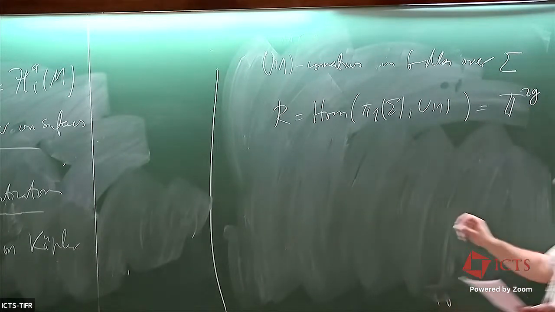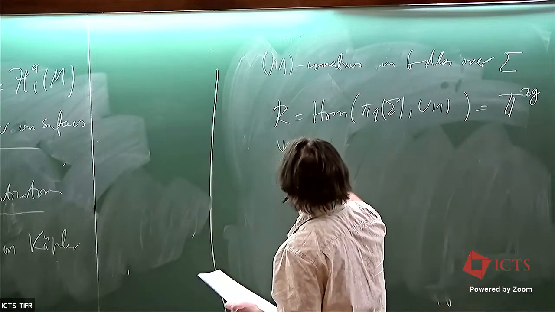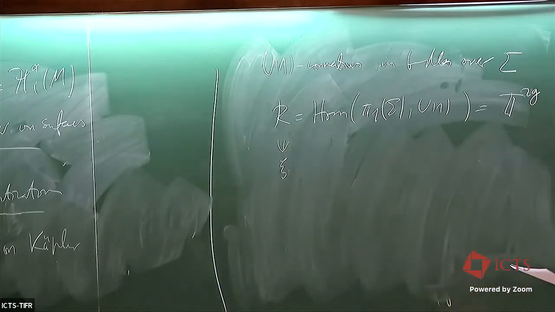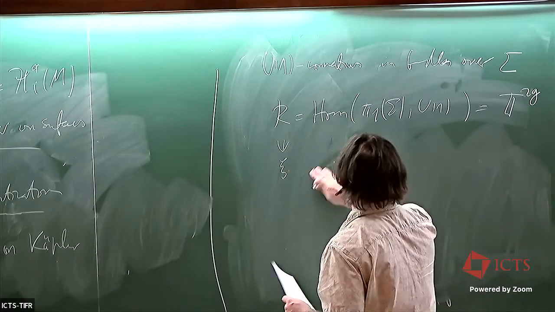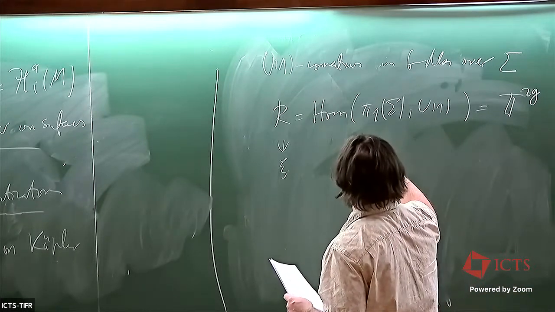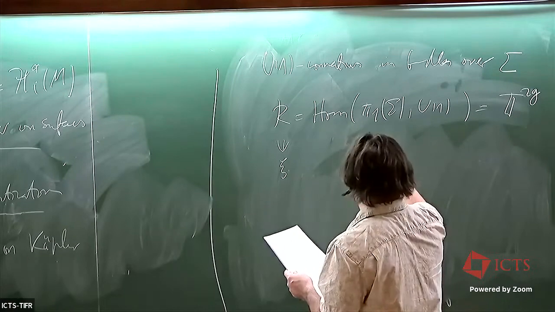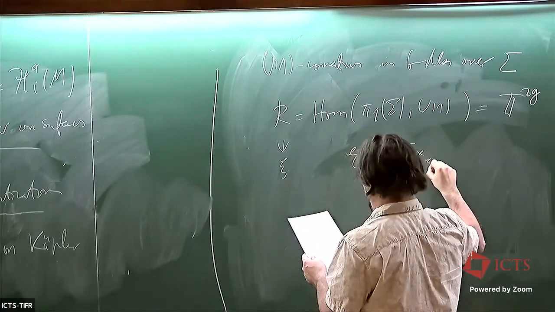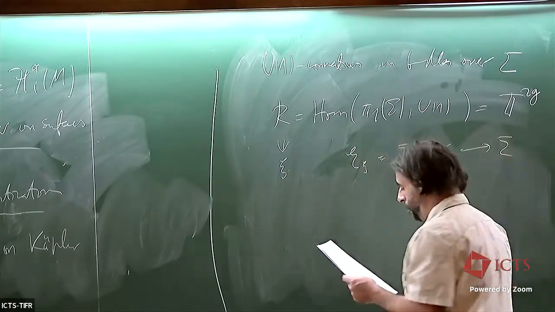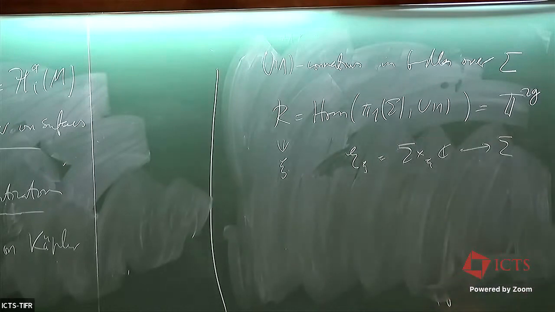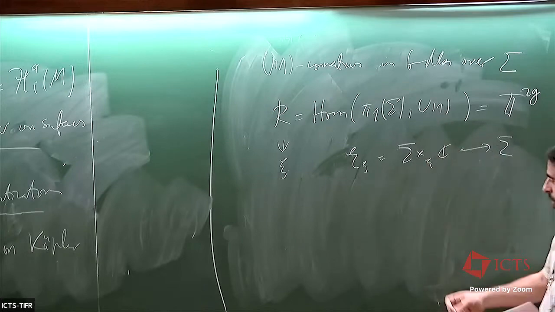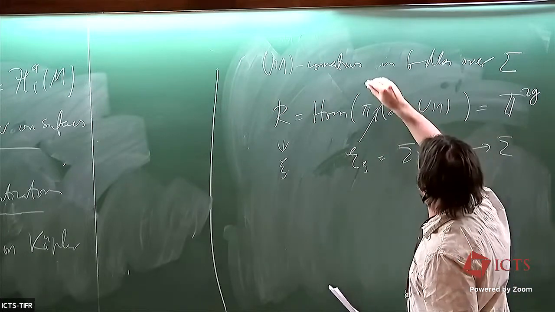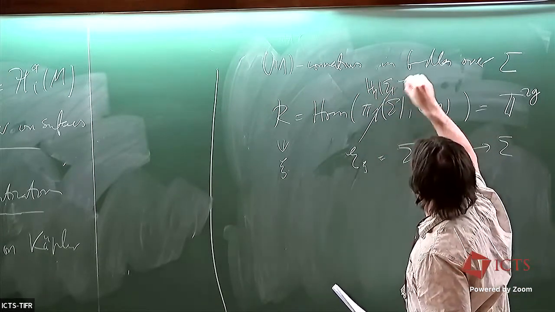So given a choice, a character psi, you can construct some bundle over sigma, so a local system. But since this group is abelian, you can as well replace this pi_1 by H_1.